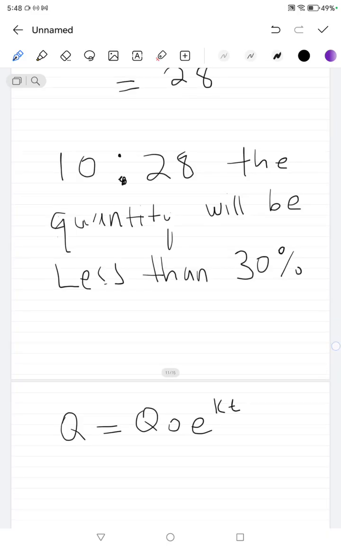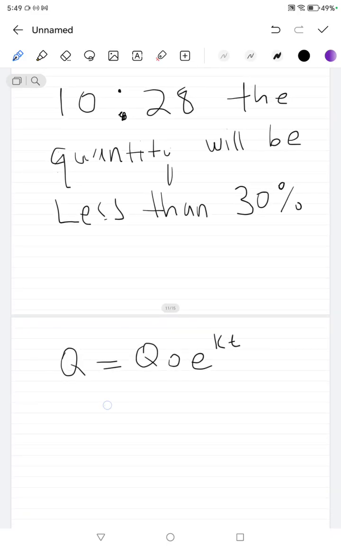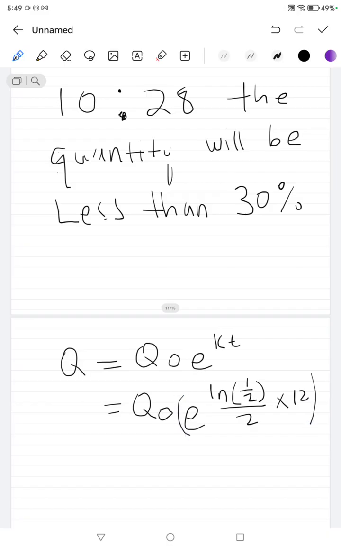Then we have our Q of 0, then we have e. Our k is ln of 1 over 2, if I still remember, over 2. Then this multiplied by the 12. Then what's the value for that one?